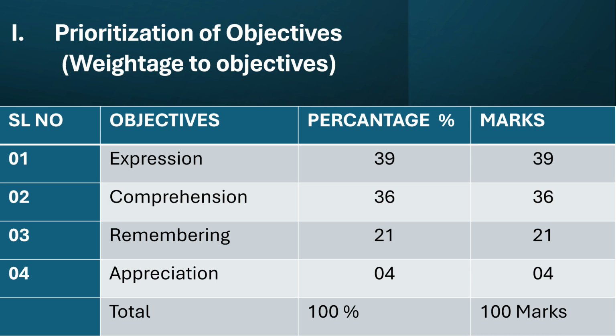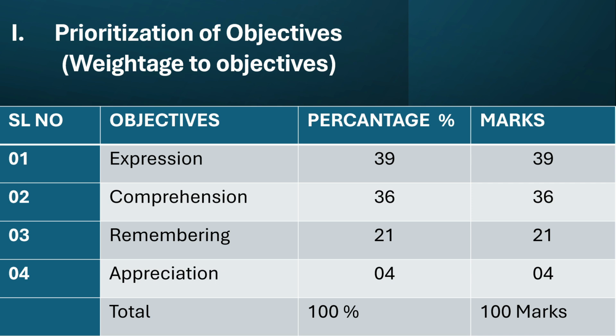Comprehension 36%, giving you 36 marks, and remembering 21%, with 21 marks to score. Appreciation, you have 4% with 4 marks to score. Total, we have 100% with 100 marks. So students, it's important that you cover all the objectives while you are studying.